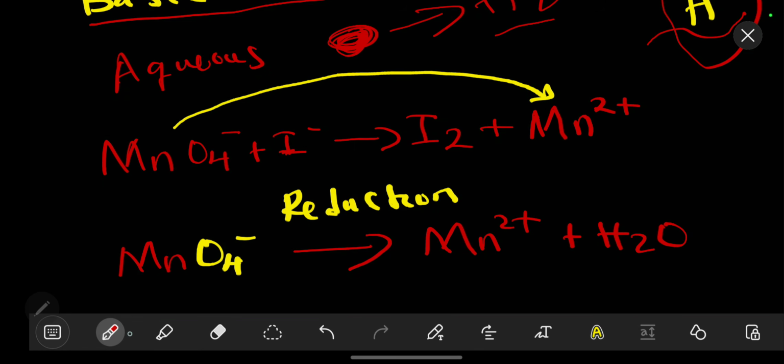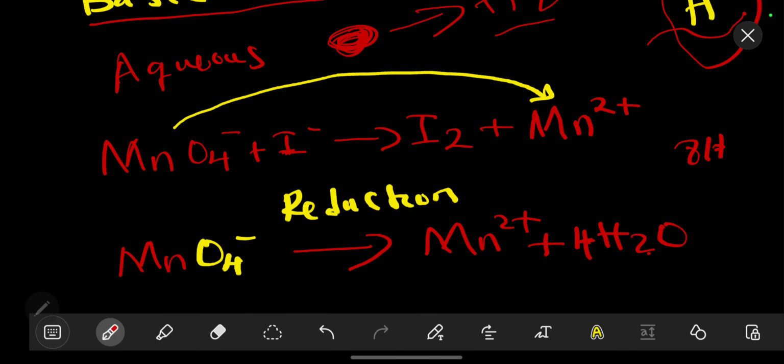So now from there, what we are going to do is that we are going to balance up. So first let's balance the number of oxygens. So we have 4 oxygens here, so we should also have 4 oxygens there. So now as you can see, another problem has been created. We have 4 times 2 for hydrogen, we have 8 hydrogens.